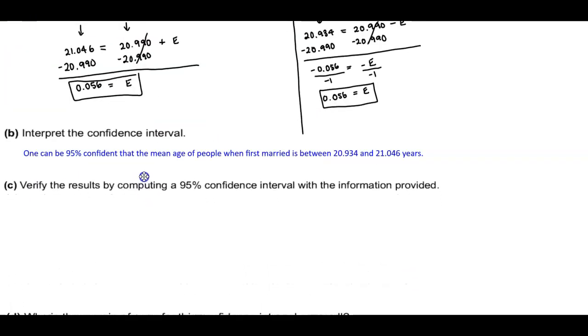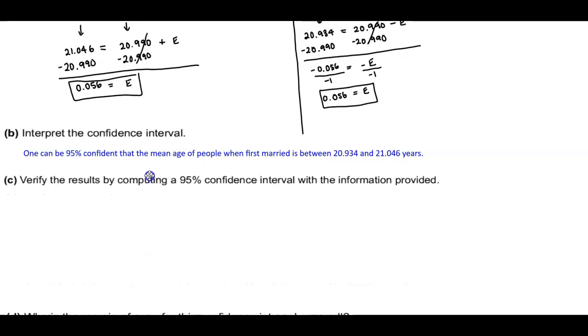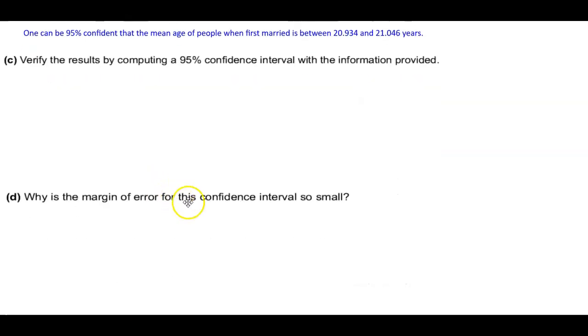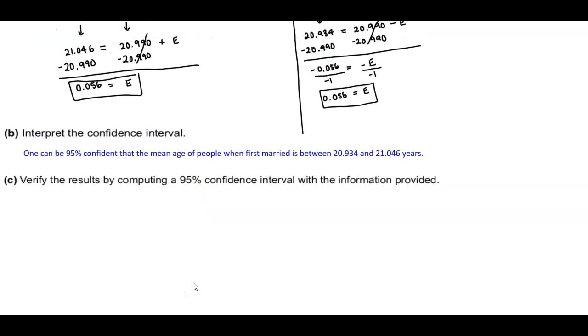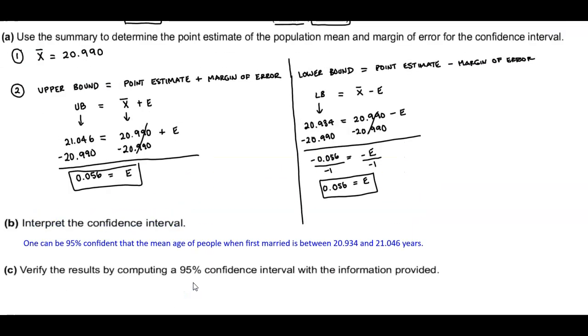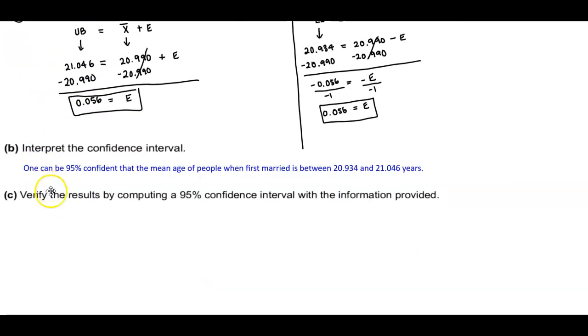Okay, next in part C, it says verify the results by computing a 95% confidence interval with the information provided. So we're going to use the fact that the mean is 20.990.